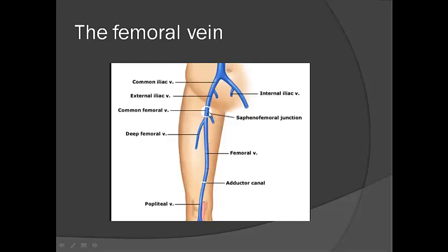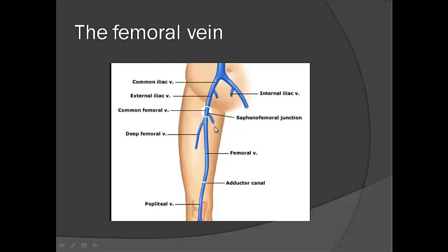And being the main vein in the thigh, it's going to receive several tributaries, especially from superficial veins. And the most important vein that it receives is the superficial vein called the great saphenous vein.